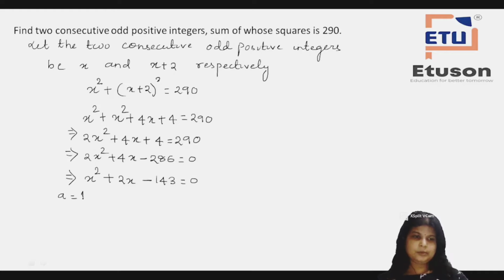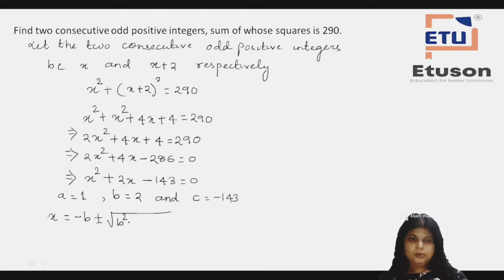So now what are the coefficients here? a is equal to 1, b is equal to 2 and c is equal to minus 143. Correct or not? So using the formula, x is equal to minus b plus or minus square root of b square minus 4ac divided by 2a.